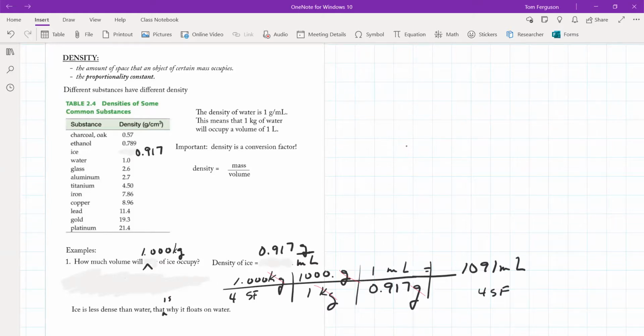Now, if you look up gold, iron pyrite. Has anyone heard of iron pyrite? Is that fool's gold? Yep, fool's gold.